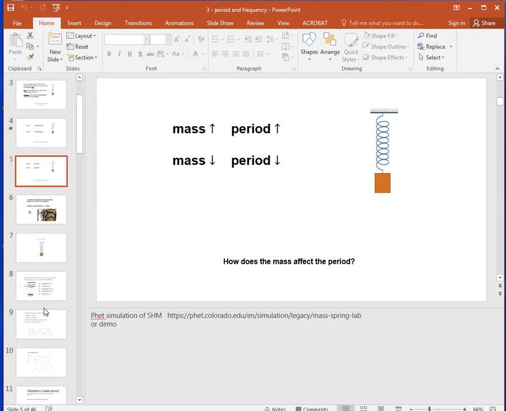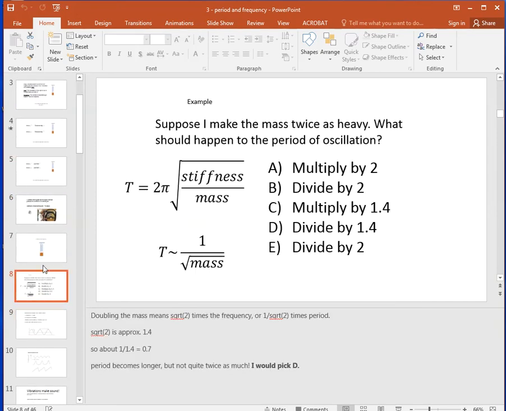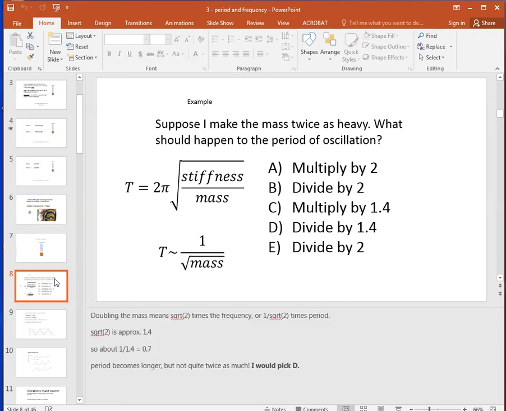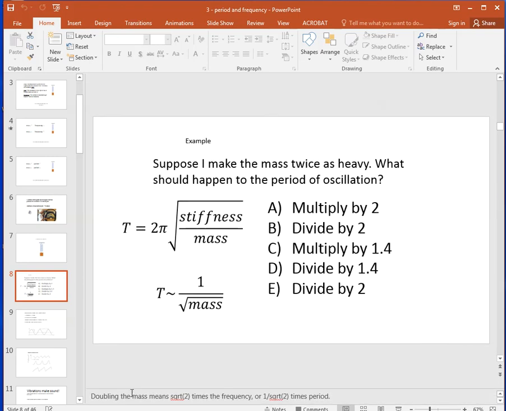So I'm going to skip ahead here. There is a formula, and you'll see this in your book, on page 5 of your text, for the period, in other words, the time that it takes for this spring to go up and down.